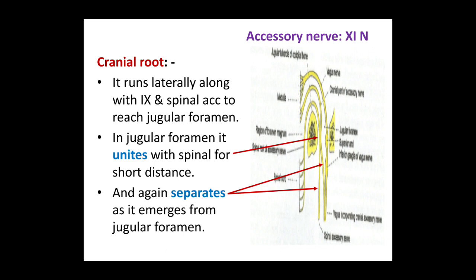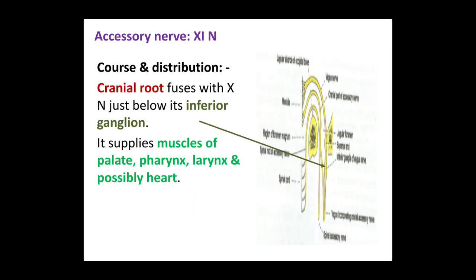In the jugular foramen, it unites with the spinal root for a short distance and again separates as it emerges from the jugular foramen. It fuses with the vagus nerve just below its inferior ganglion, as shown by the arrow, and it supplies the muscles of the palate, pharynx, larynx, and possibly heart.